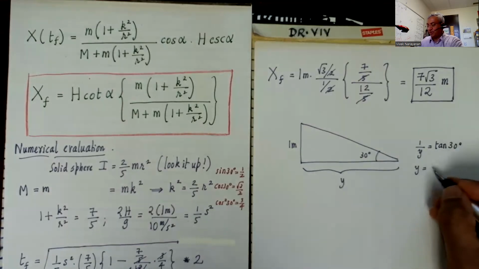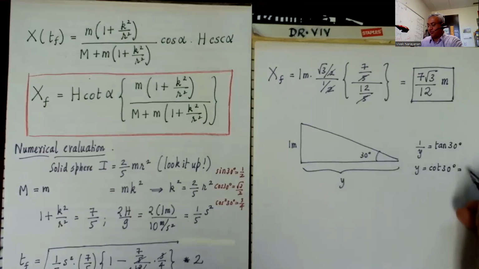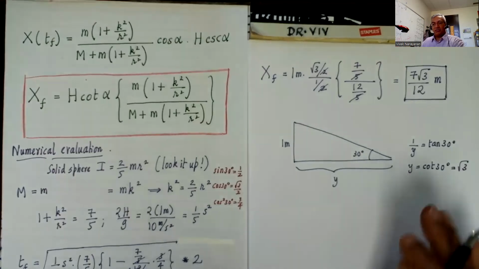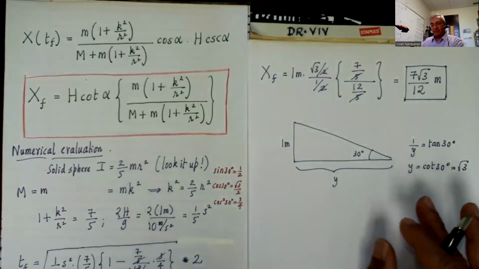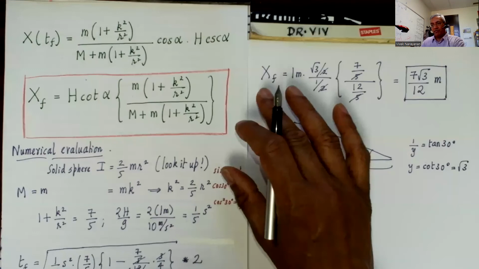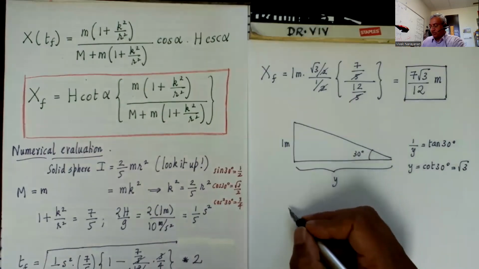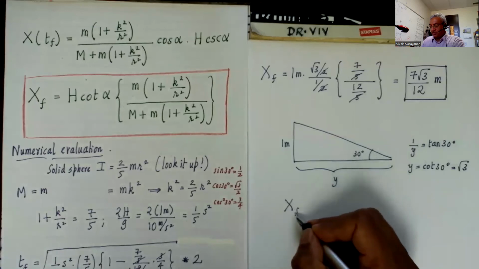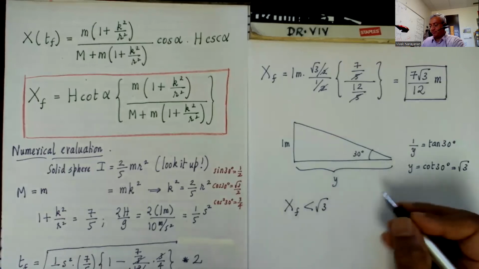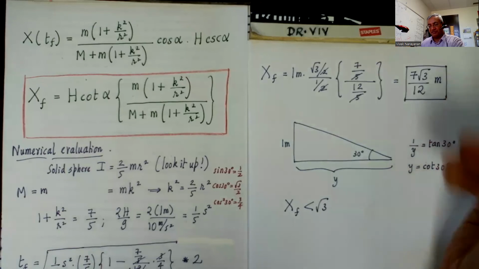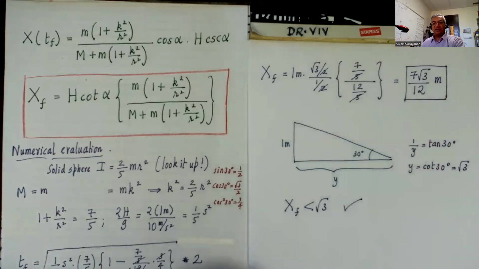And so y is going to be cot 30 degrees. And cot 30 degrees is going to be √3. Now, our problem would be a complete flop if this distance moved was bigger than √3. Well, thank heavens it's not. So xf is less than √3. In fact, it's 7/12 of √3, which is less than 1. So this passes the common sense requirement in this problem.